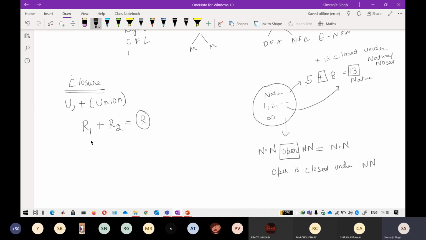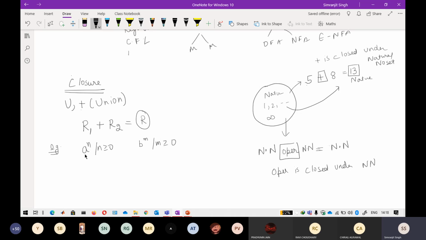Now if I take an example, I think you will understand better what exactly I want to say. Suppose there is a regular language a raised to power n, where n is greater than or equal to 0, and another one b raised to power m, where m is greater than or equal to 0. These are two different regular languages.